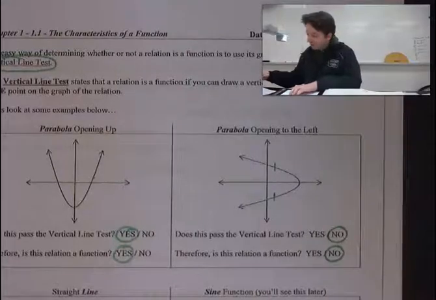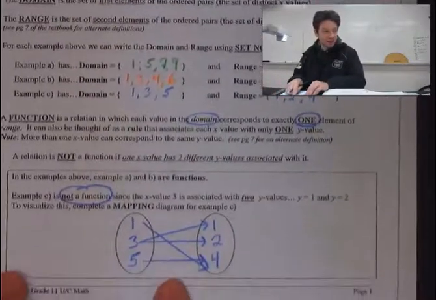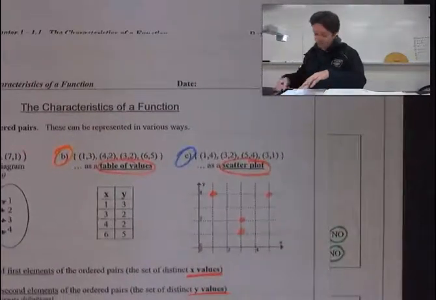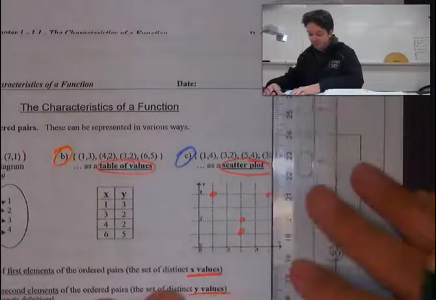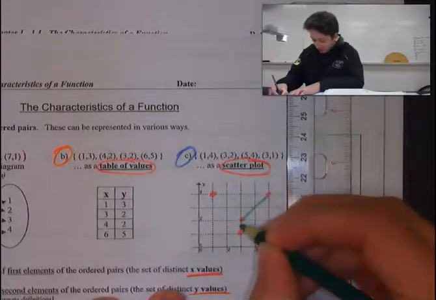So going back to the first page, we saw with example C, when we wrote it as a mapping diagram, that it's not a function. But if we also look at this graph and do our little vertical line test, it would look something like this.